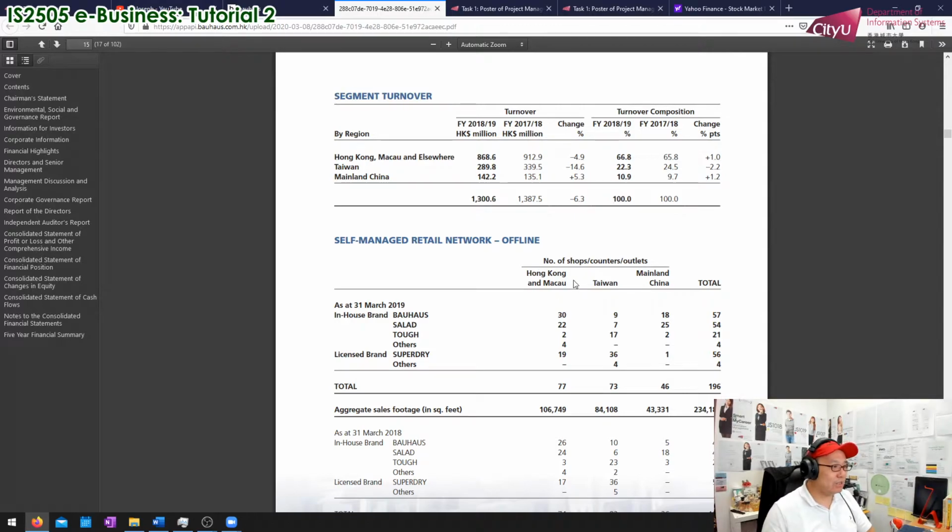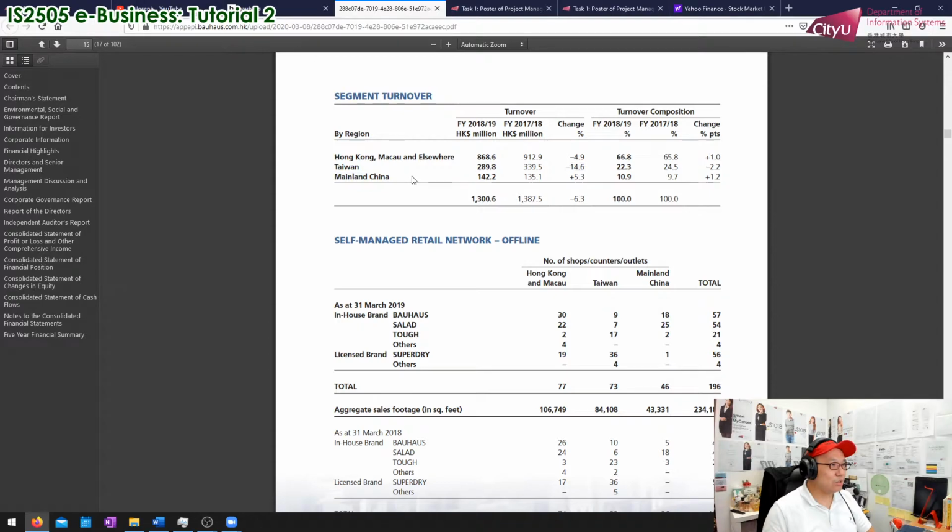So you can see that for this company, the turnover, okay, they give you the change. So I think the turnover for Hong Kong, Macau is negative 5%. For Taiwan is negative 15%. So this is quite a big drop here.